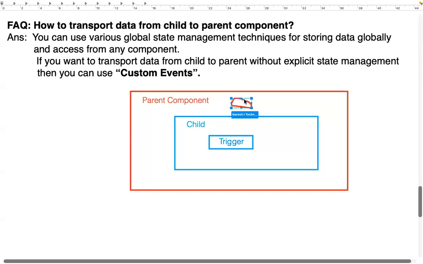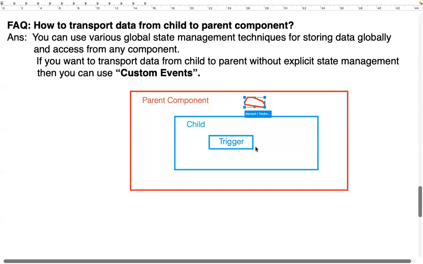That's what we generally do. What is this trigger? The trigger is nothing but an event. You need one event for this component, and that event will throw this outside the scope. Then in the parent, you can catch this and use it.